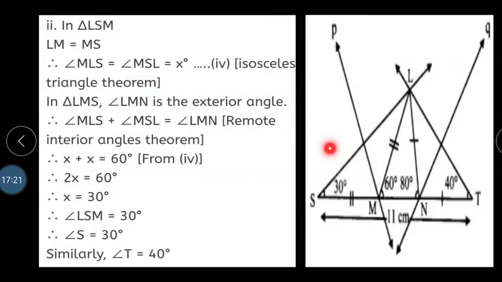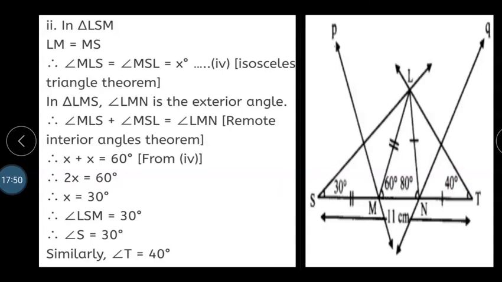In triangle LSM, LM is equal to MS, so angle MLS and angle MSL are equal and we are assuming it as x degrees. Let us give that equation 4. Reason: isosceles triangle theorem. In triangle LMS, angle LMN is an exterior angle.